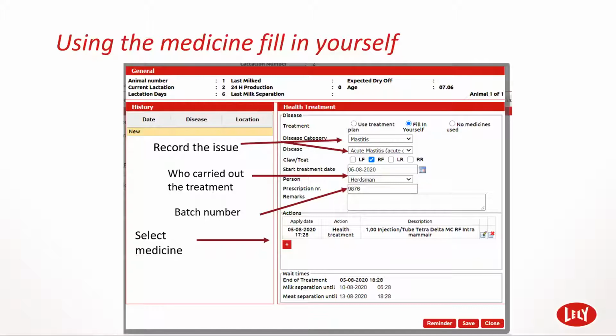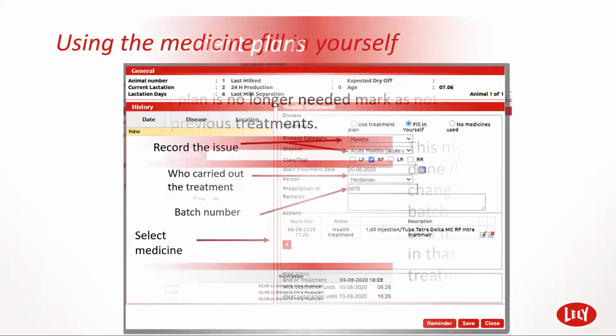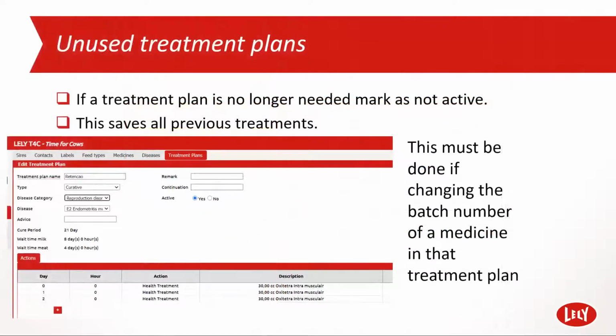So we would click that plus, and it would bring us up a screen, and we just select which medicine we're going to use, and then on the right hand side of that screen you'll be able to change it if it's a different injection amount that you've been advised to what you've set as the standard. But in this case it's just one tube. So click on again, Morse.